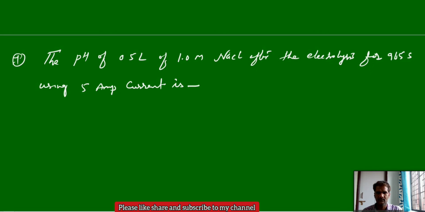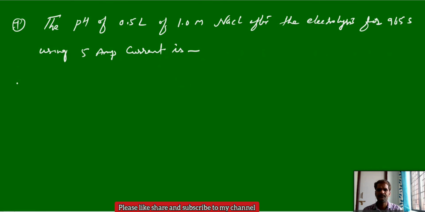The pH of 0.5 liters of 1 molar sodium chloride after the electrolysis for 965 seconds using 5 ampere current is, this is a question.